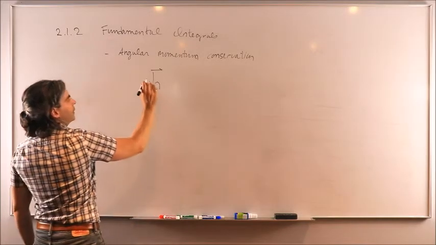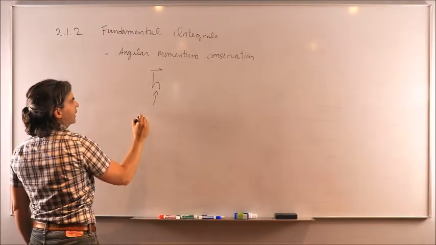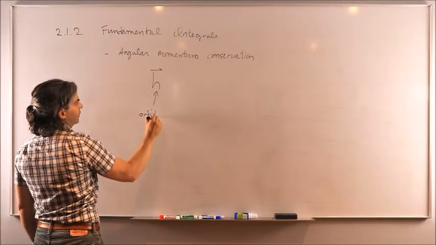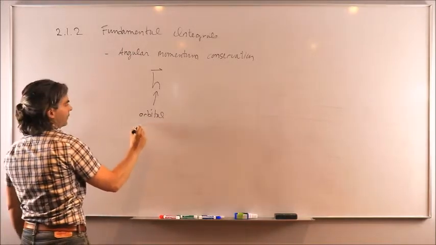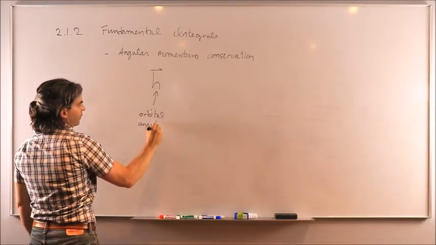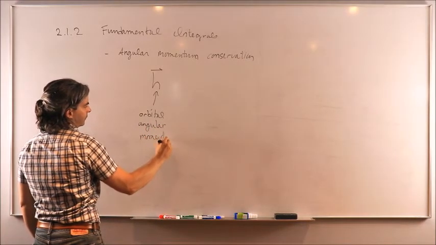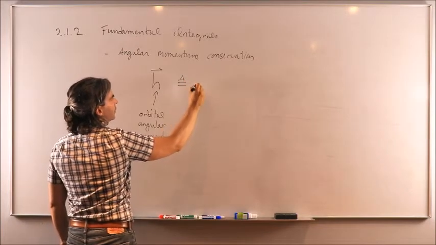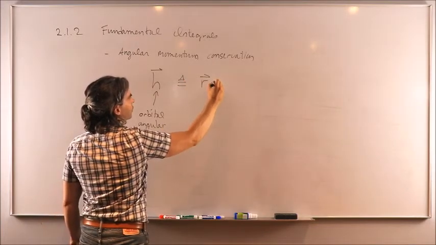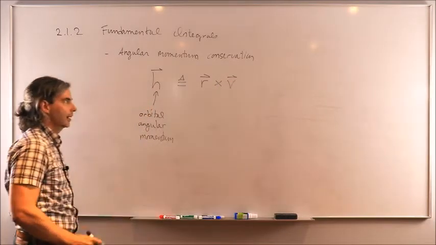Anyway, so angular momentum is h. So we're going to say this is not any angular momentum, but the orbital angular momentum, which is equal by definition to the position vector cross product with the velocity vector of our spacecraft. Okay?